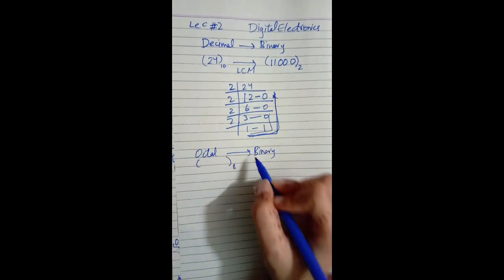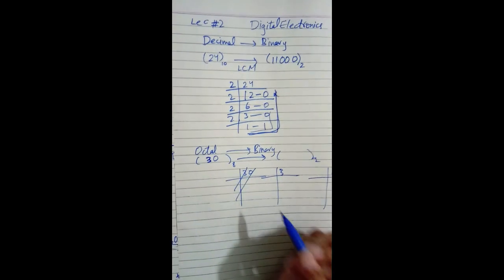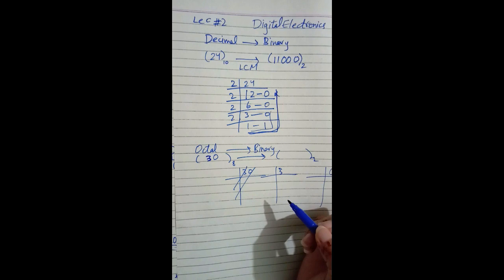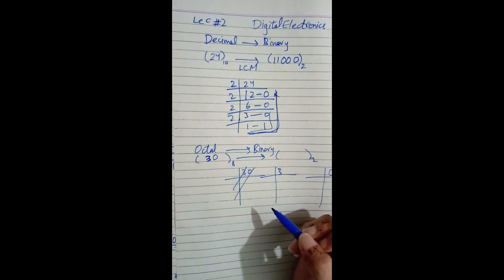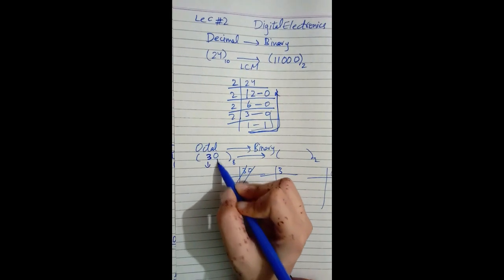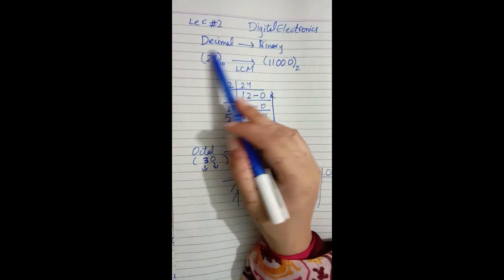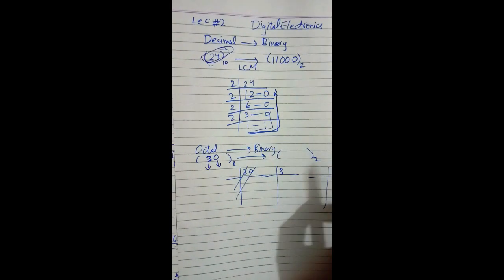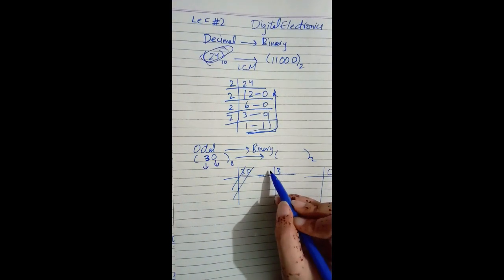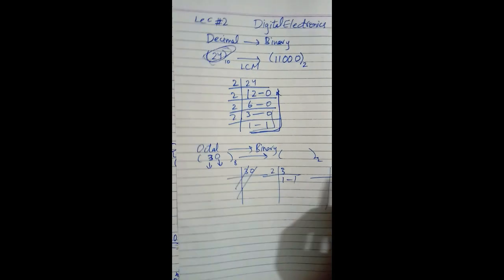We will convert it to the binary. For the numbers in octal, we have the digits from 0 to 7. We cannot take the whole number 30, that is not an octal number. In octal we have 3 and 0. But with LCM, we can take the number 24. So with 2 we have 2 ones are 2 and remainder is 1.